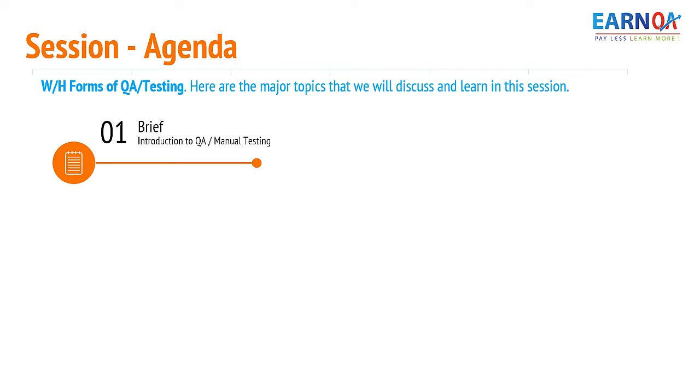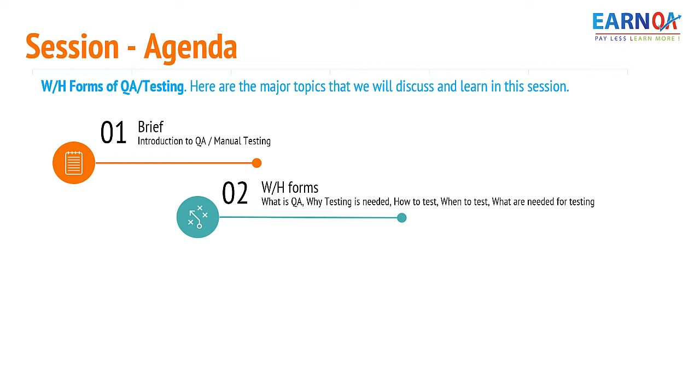So already we have discussed the introduction to QA. We know the basic definition about testing and what exactly it is, the different versions, the different definitions. But today in this session, we would concentrate on learning all the questions, all the fundamentals, all the WH forms of testing.